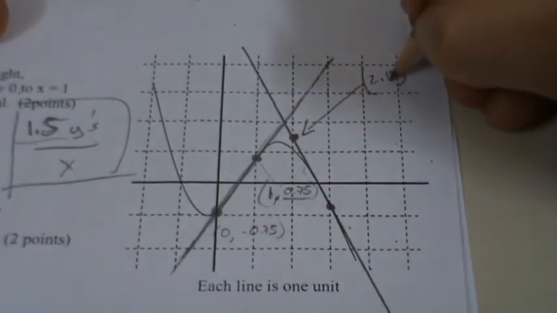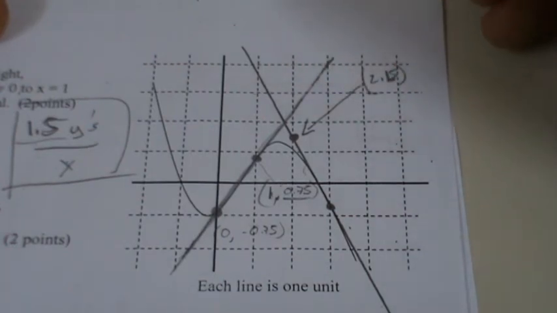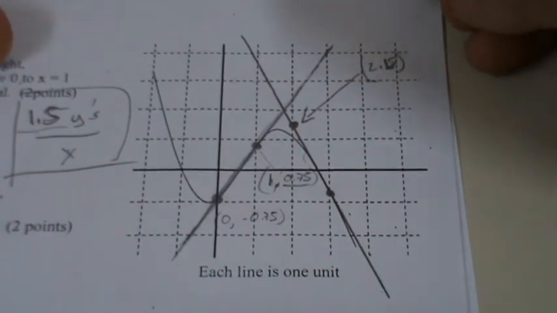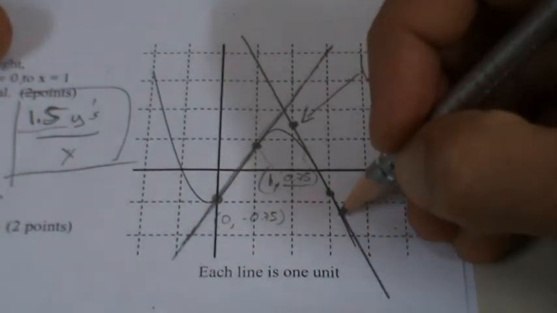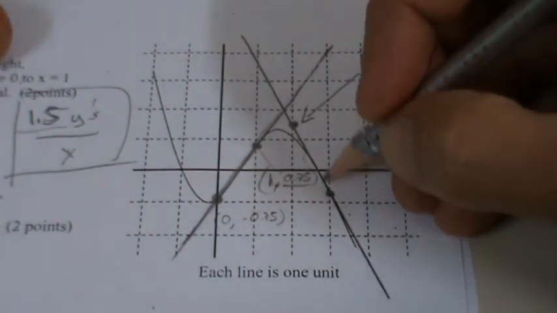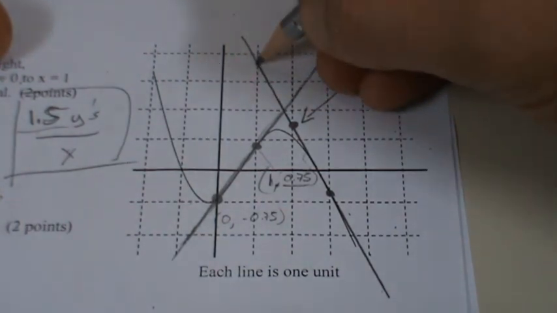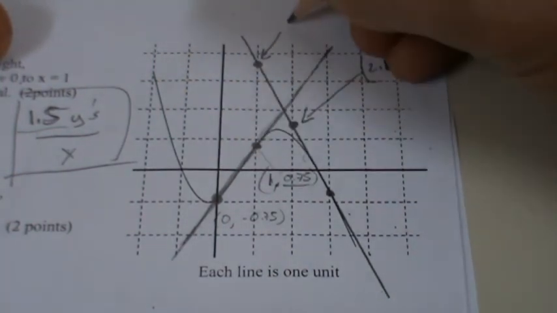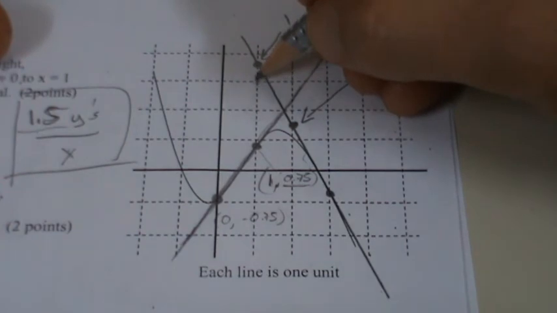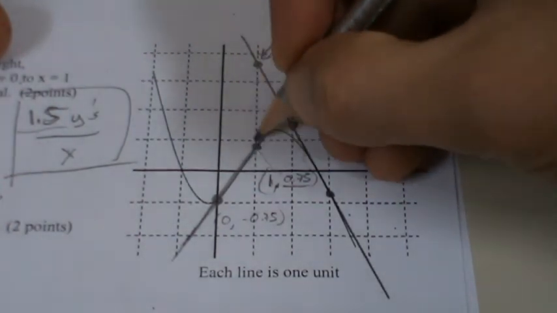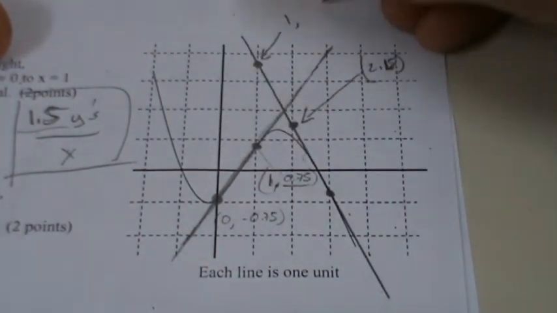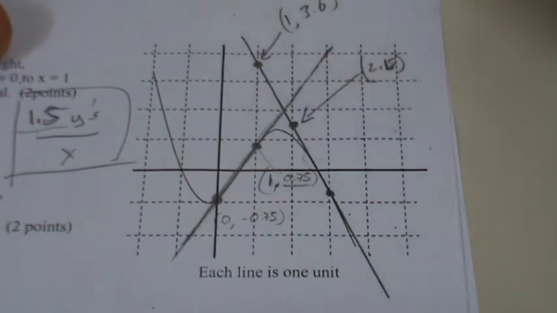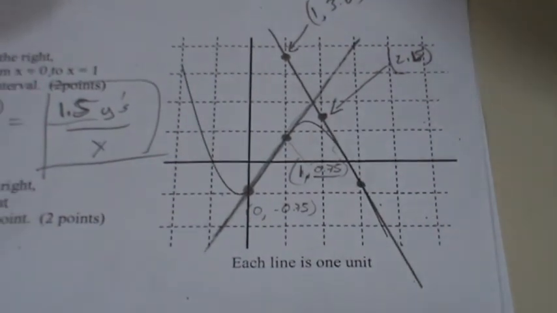You got to do a pretty decent job picking your points, I think, on this. Let me pick another point on this line here. Let's go with this one, I suppose. It's a rough point as well. This is 1, 3.6. How's that sound?